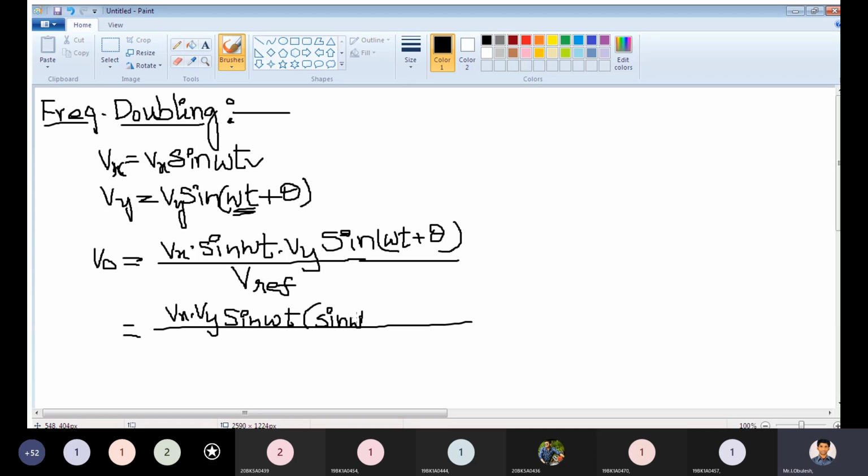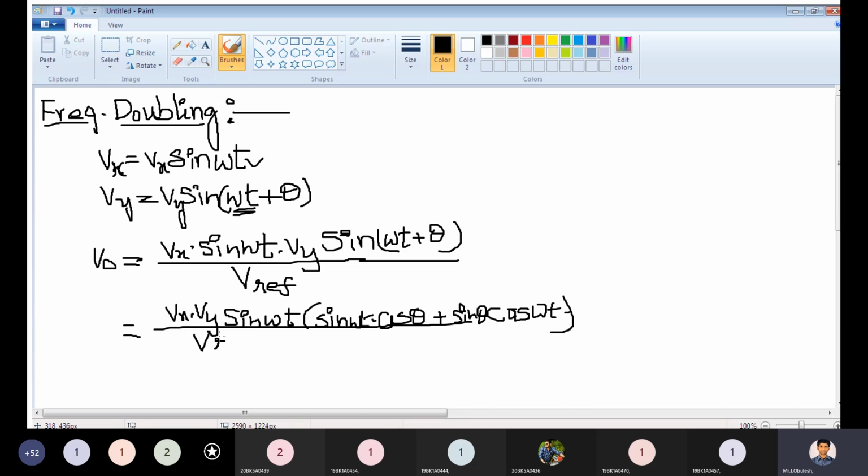That is, sin of omega t plus theta is sin A cos B plus cos A sin B, so sin omega t cos theta plus cos omega t sin theta.